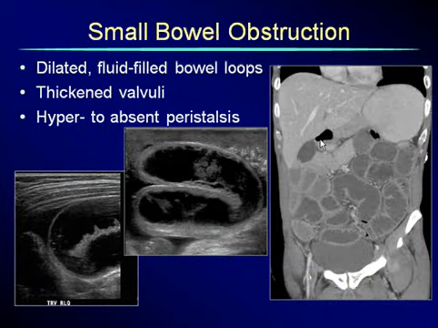Now, sometimes you'll see lots of fluid-filled, dilated bowel loops. These can be small bowel obstructions, but sort of a late phase of bowel obstructions. Think about bowel obstruction. As the bowel obstructs, the peristalsis is trying to fight the obstruction. There's hyperperistalsis.